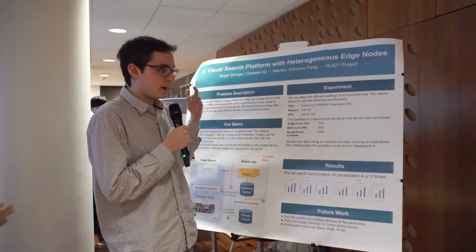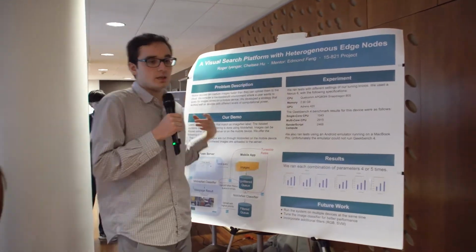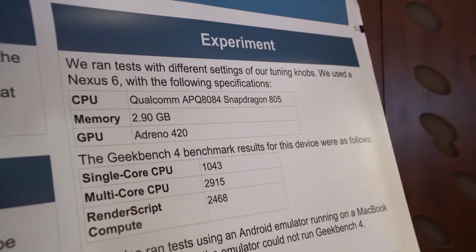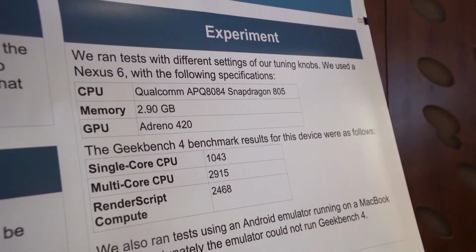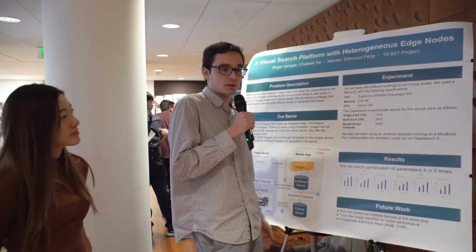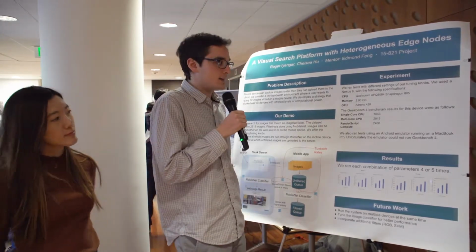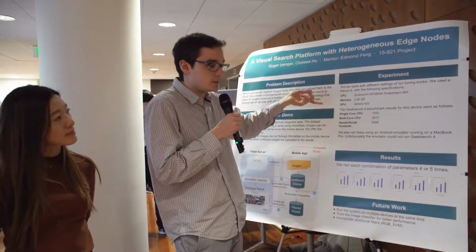So we ran an experiment where we tried to see how various settings of the tuning knobs affected the split between images that were uploaded directly to the server without being filtered and images that were filtered on the mobile device. And so we ran tests using a Nexus 6 phone that we have some details about.